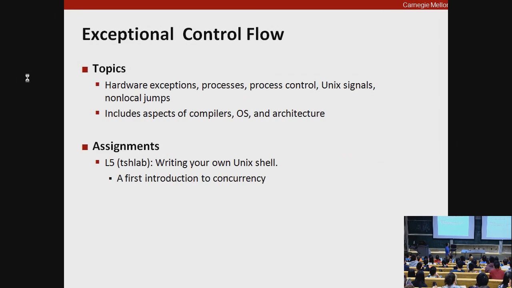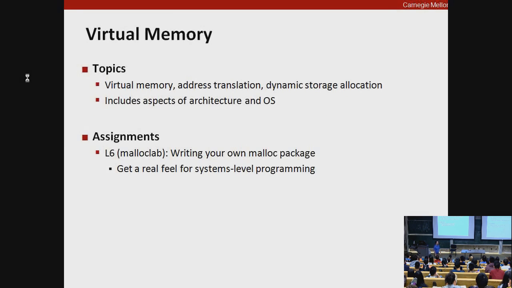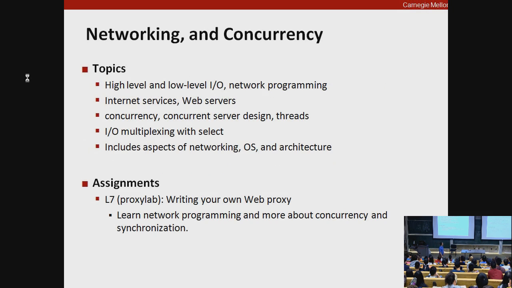The cache lab, lab 4, covers these. Hardware exceptions, processes, process control, Unix signals, non-local jumps. This is covered by lab 5, the Tshlab, where you write a shell. Virtual memory, address translation, dynamic storage allocation, caching involved in there like the TLB. This is tested in the Malloc lab. Networking and concurrency control. This is tested in Proxy lab.